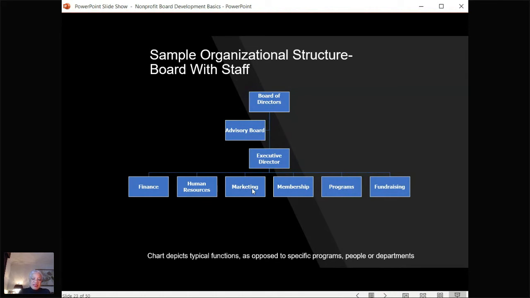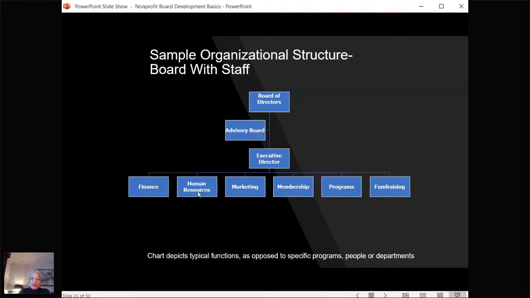So these are typical functions. They could be departments or they could be people, depending on where your organization is in terms of its growth, right? So every organization, whether you are 2 years old, whether you are just starting, incorporating, whether you're 100 years old, every organization is going to have a finance function.